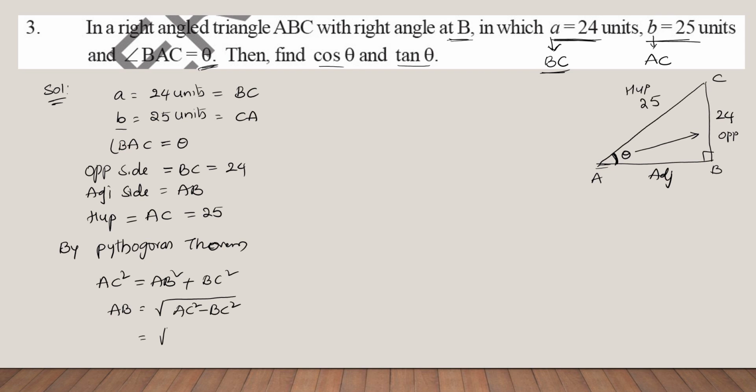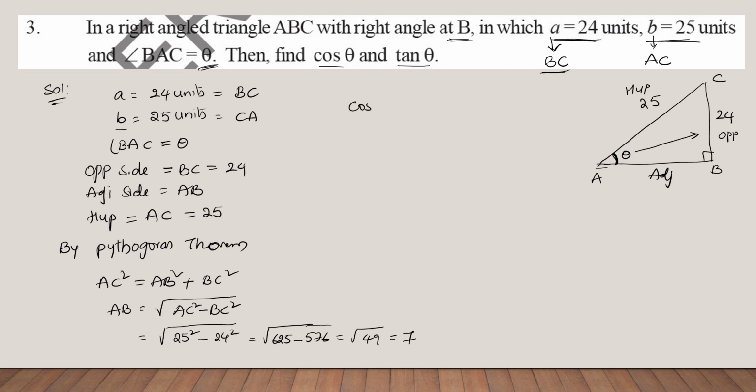On substituting the values, AC is 25, so 25 whole square minus 24 square. From this I get 625 minus 576. Already in the previous problem we have done it. So we get root 49, which is nothing but 7. So AB is equal to 7 centimeters, right?